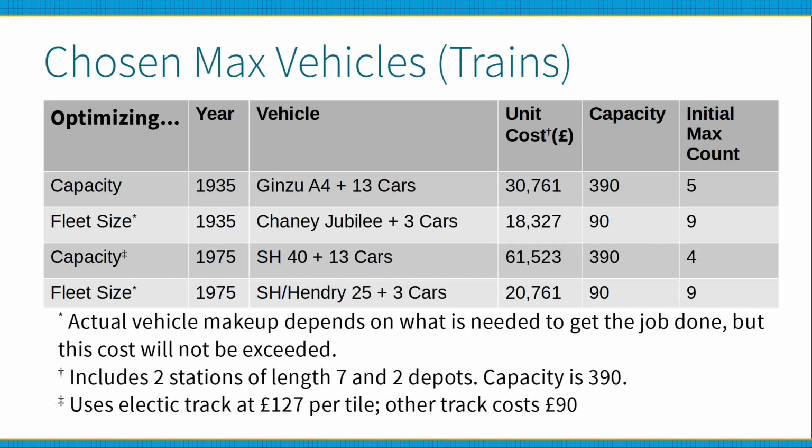In 1975, we're going to go with the SH40 and 13 cars, and this one's notably different because it's an electric vehicle, so it's going to incur greater costs. And then for the fleet size, we're going to use the SH Hendry 25 plus the 3 cars. And you can see here that as far as the capacity is concerned, it's actually a lot more expensive as a result.